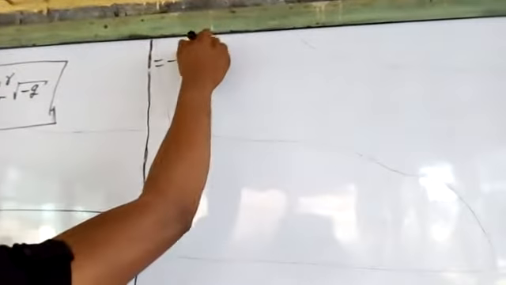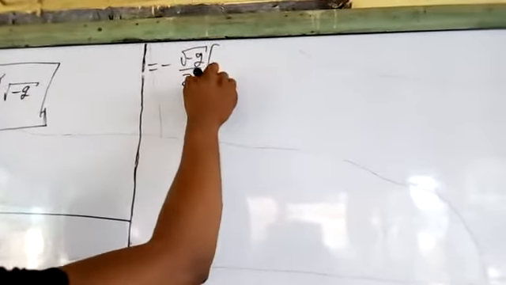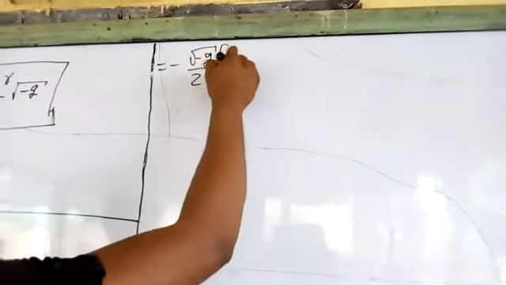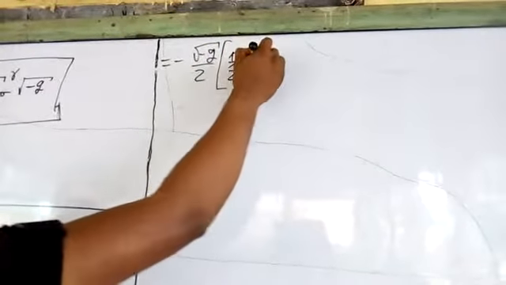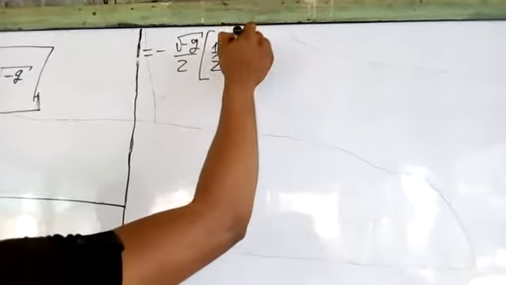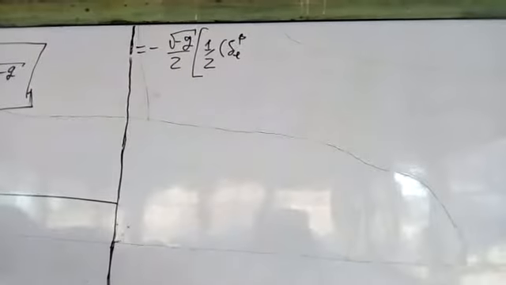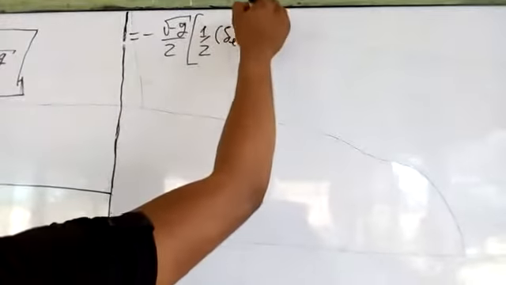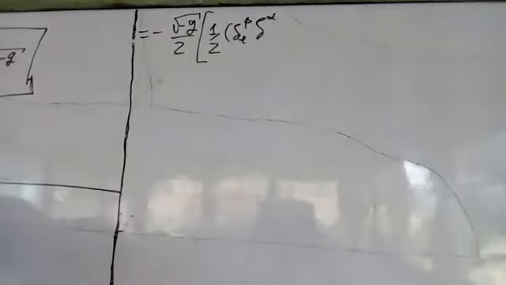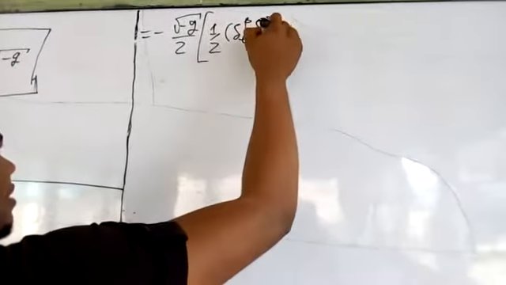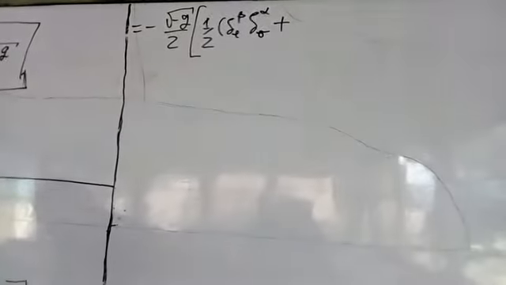But if you looked at that particular video, or you watched that lecture, you will agree with me that that first term will simply be equal to minus the square root of minus g all over 2. So the first term will simply be 1 all over 2. This will be Dirac delta beta rho. And then the next that follows it will be Dirac delta alpha sigma plus. Yes, exactly.